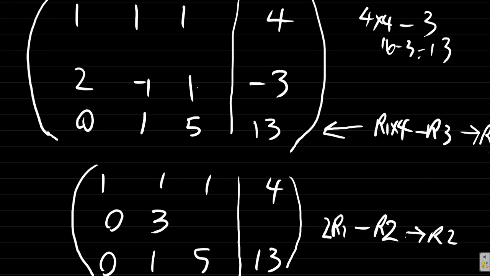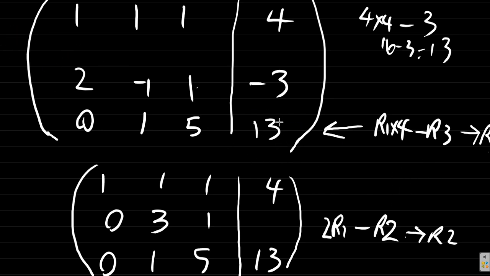What else will happen? 2 times row 1 is a 1 here. So it's 2 times 1 minus row 2, which has a 1. 2 ones, 2 minus 1 is 1. So you have a 1 here. Alright?